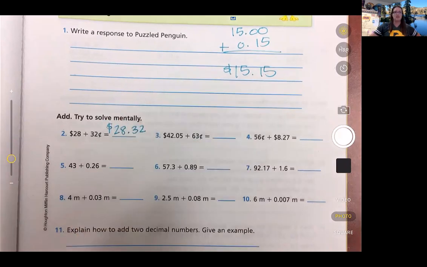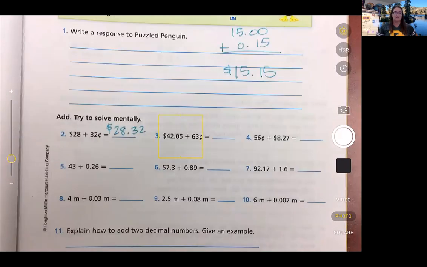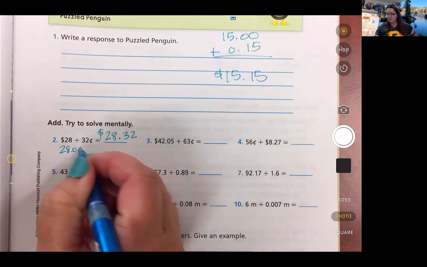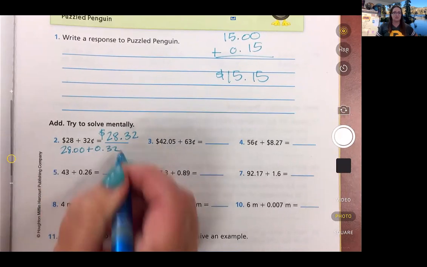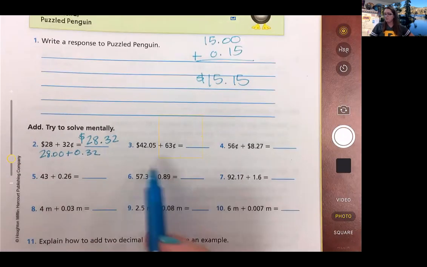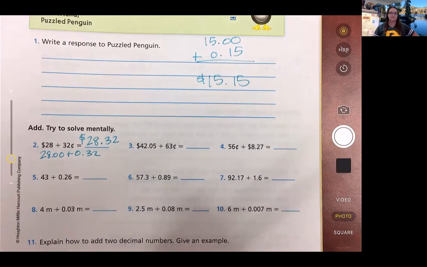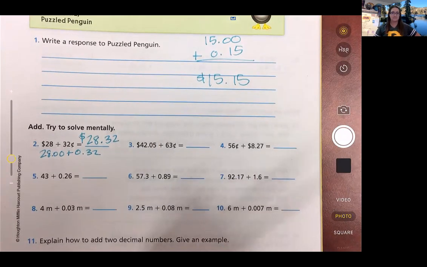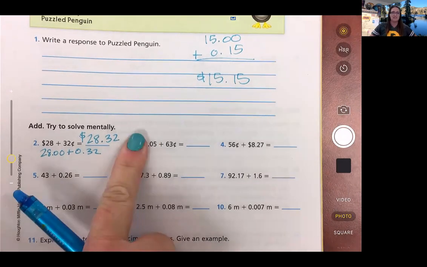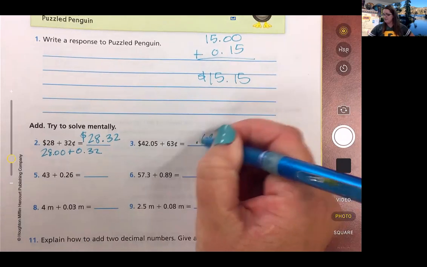That's just like this one up here, $15 plus 15 cents. $28 is $28, 32 cents is 32 cents, like that. How about this one? Can you do this one in your head? $42.05 plus 63 cents. $42.68. I love it. Think about it. 5 cents plus 63 cents is 68 cents. And then I have my $42.